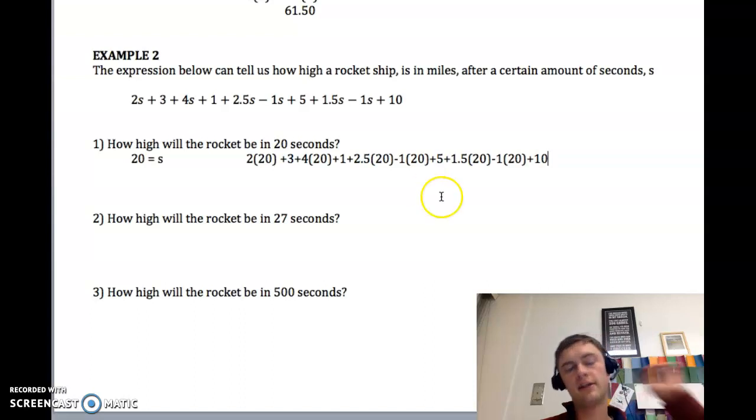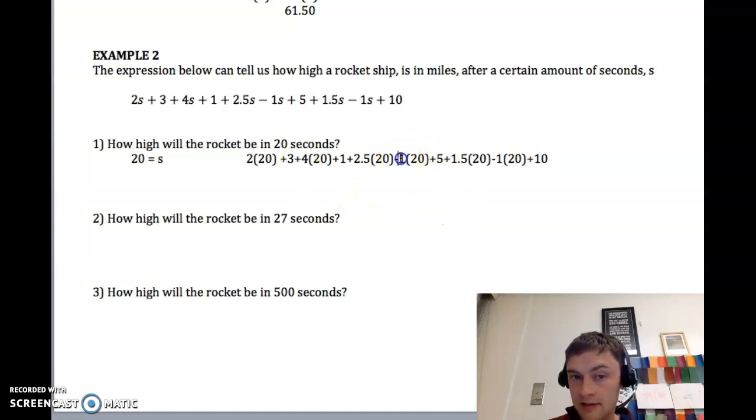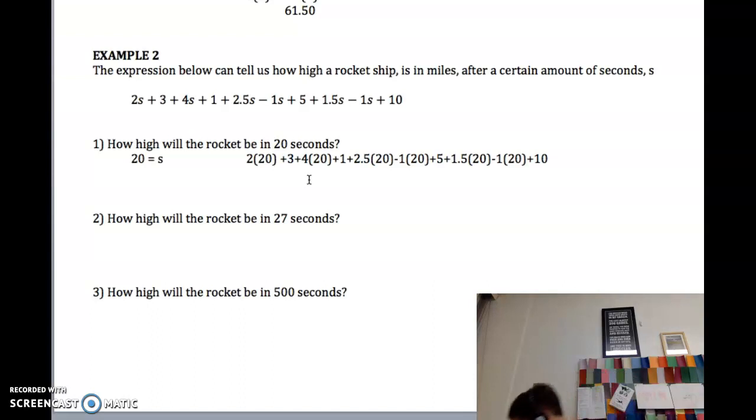So you put all of that into your calculator using order of operations, including your minus signs. Don't forget it, you'll get the wrong answer. And what did you get here? Let's see. If I'm doing this in my head, which I wouldn't recommend, I'm actually going to get out a calculator here. Let me get out my calculator and type this in.